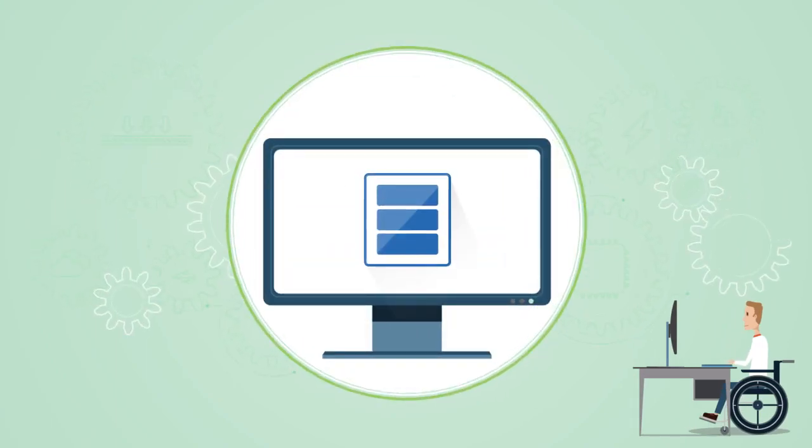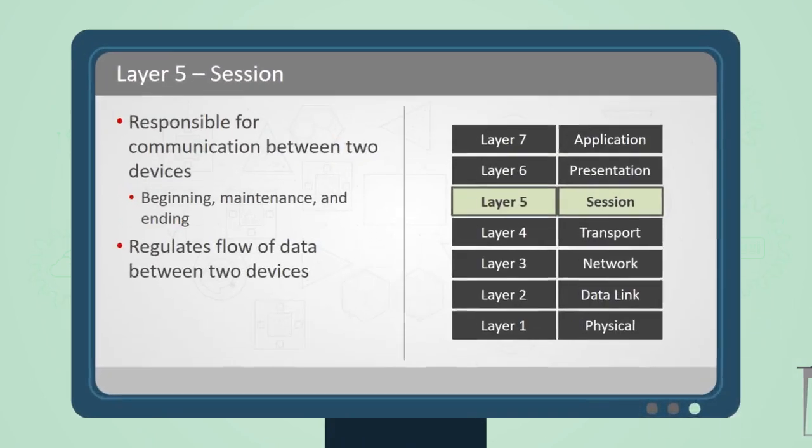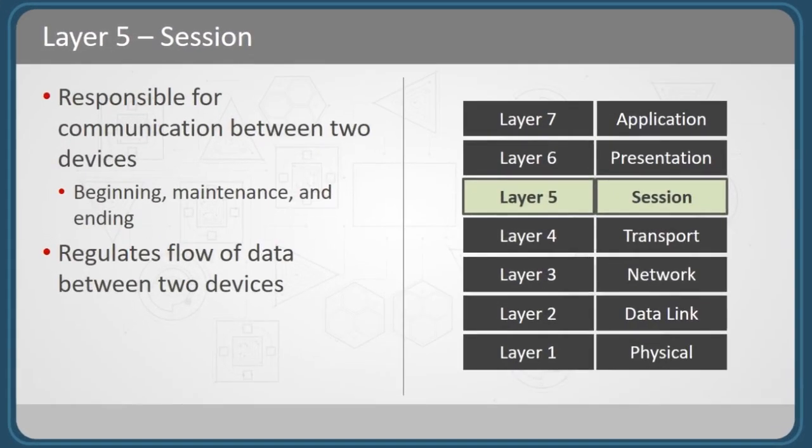Moving along, our next layer is layer 5, or the session layer, and this is responsible for communication between two devices. And that statement in and of itself might seem somewhat generalized and possibly even redundant, but in this context it refers to the beginning, the maintenance, and the ending of any given communication. So let's go back to layer 4 for a moment, the transport layer.